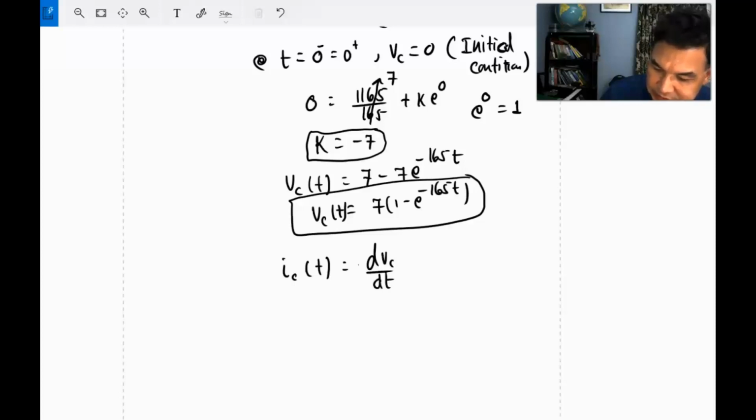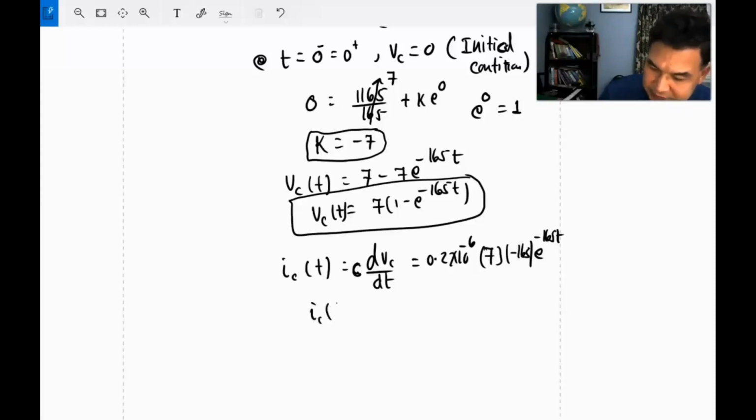The capacitance is 0.2 microfarad, and if you take the derivative, you get 7 times 165 e to the minus 165 t.